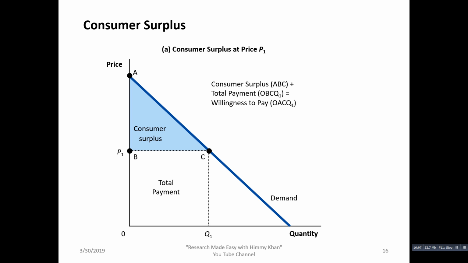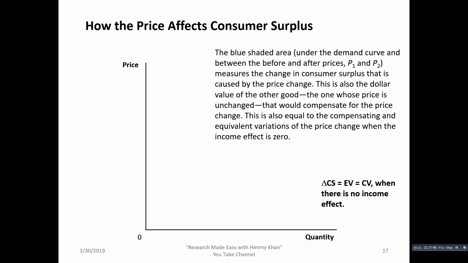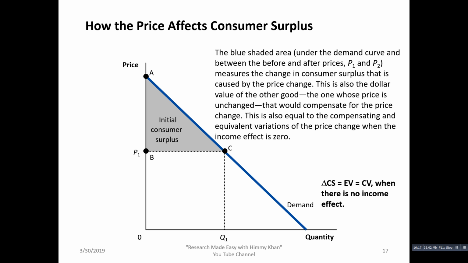How does the price affect consumer surplus? The blue shaded area under the demand curve and between the before and after prices P1, P2 measures the change in the consumer surplus that is caused by the price change.